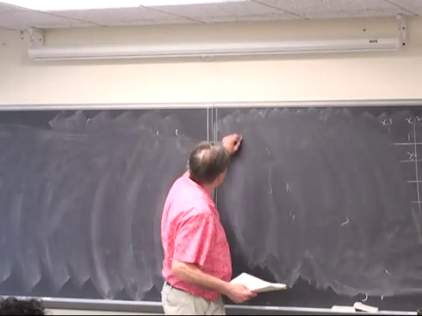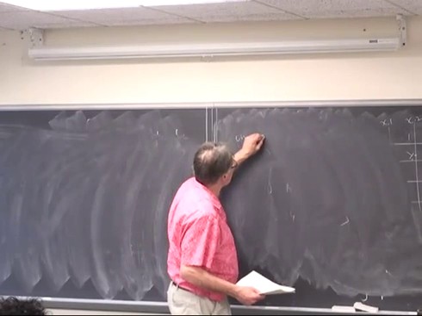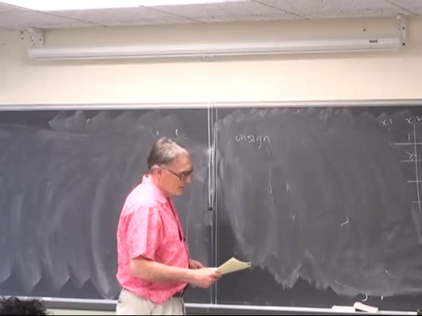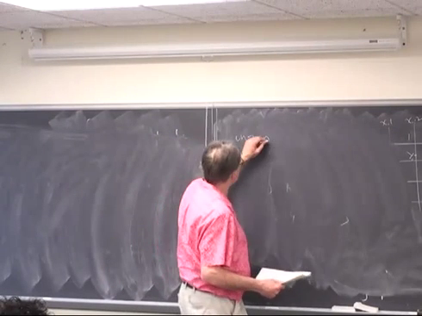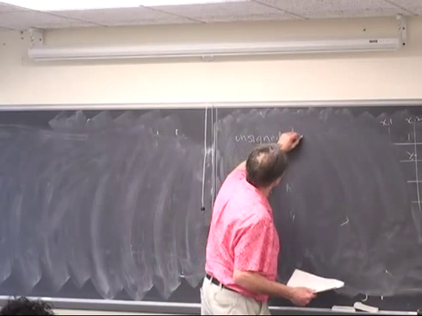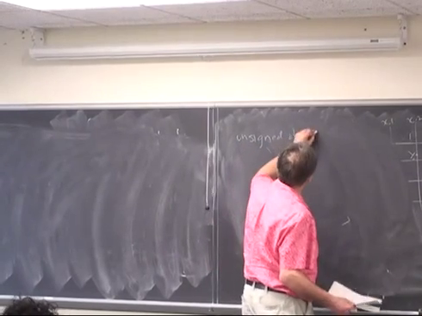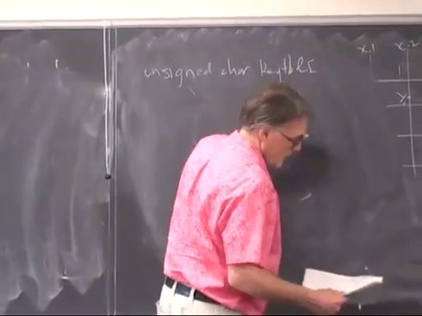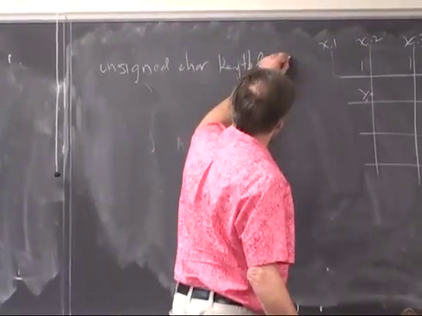So we're going to start. I'm not going to bother with some of the definitions and so on, but we're going to do an unsigned char table, key table, with 16 entries.